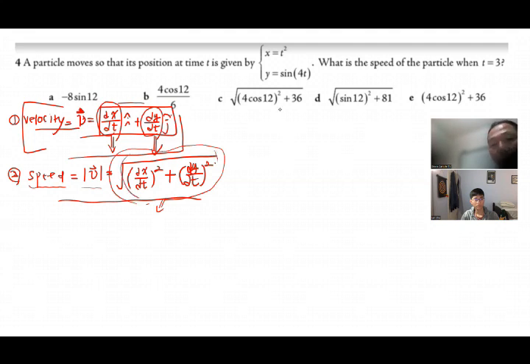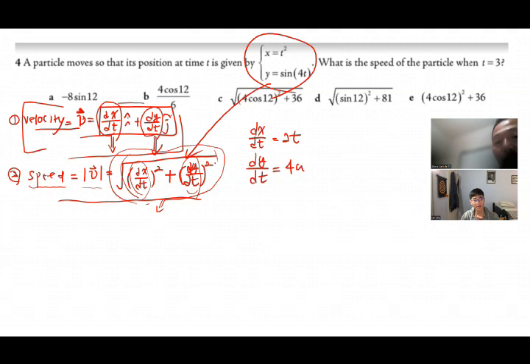So next, what we have to do is plug the slope in the x direction in time and the slope in the y direction in time into this formula. That's pretty straightforward. dx over dt is 2t, and dy over dt is 4 cosine 4t.